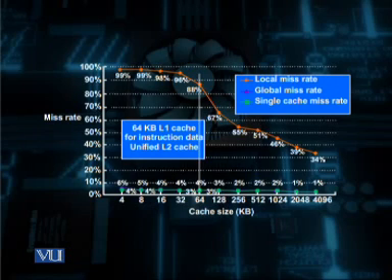Also note that the prime difference between the two levels is the speed of caches at each level. The speed of first level cache affects the clock rate of the CPU, whereas the speed of second level cache only affects the miss penalty of the first level cache.